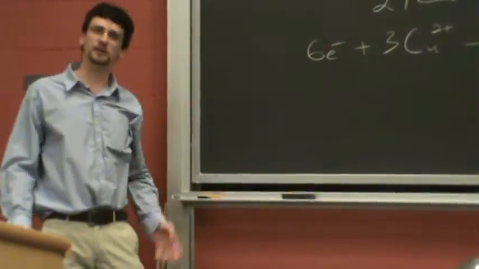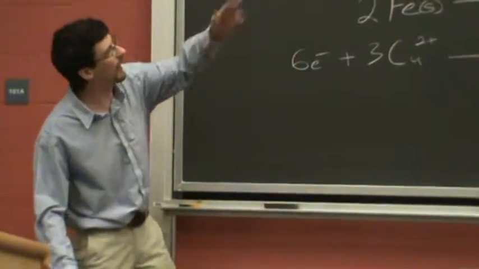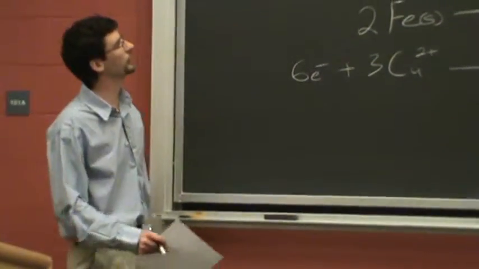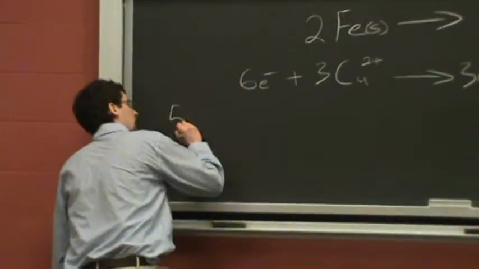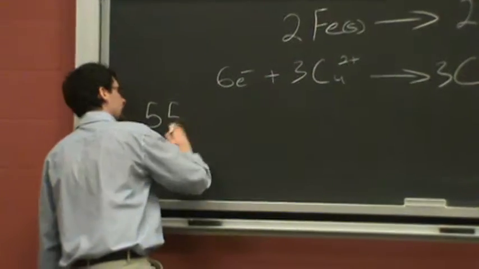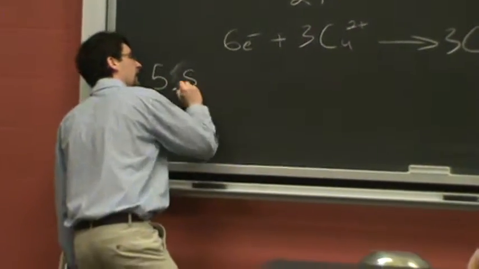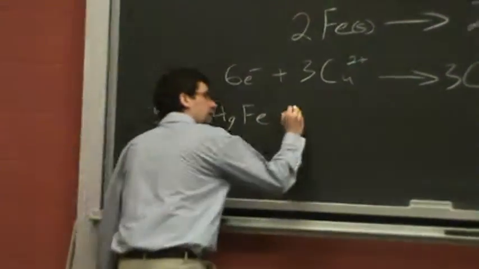Now let's figure out the total number of electrons that we could transfer with both amounts of our iron and our copper nitrate. So let's start with just iron. We're going to start with that mass, 5.884 grams of iron.